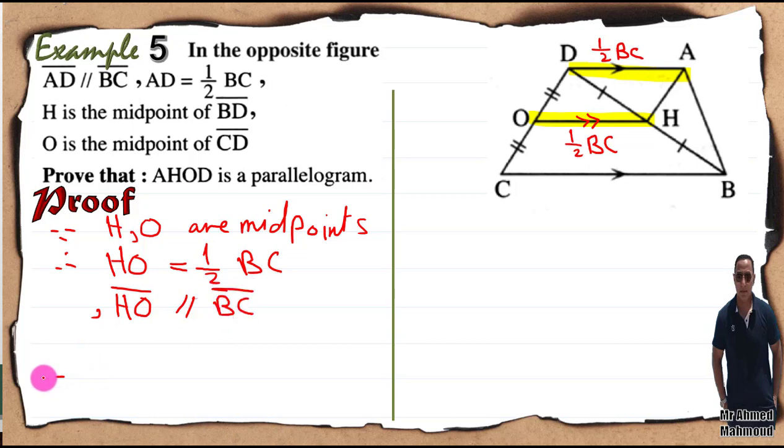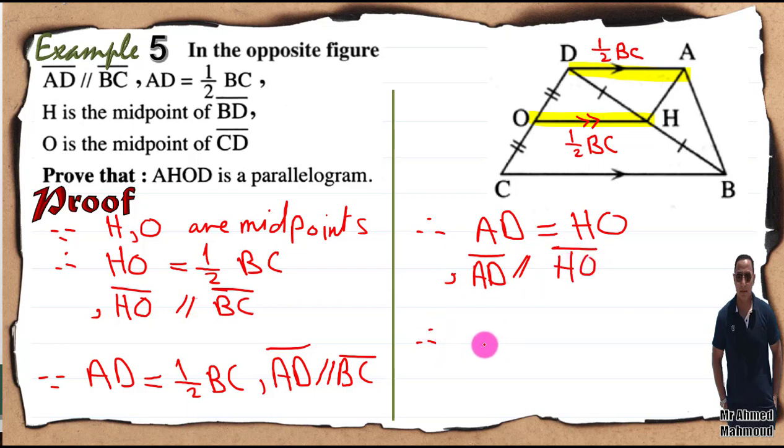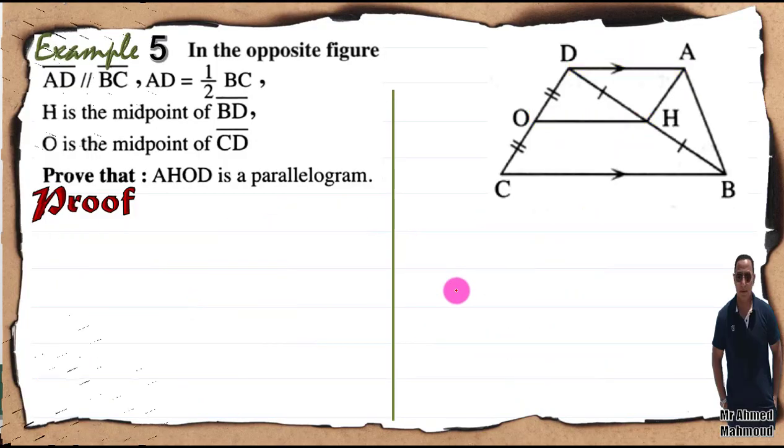Since AD equal half BC and AD parallel to BC, therefore AD equal to HO and AD parallel to HO, therefore AHOD is a parallelogram because two sides are parallel and equal.